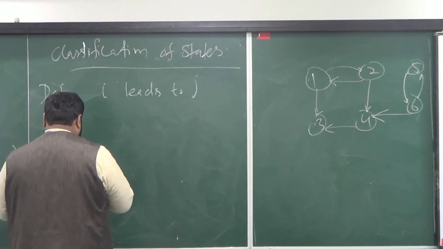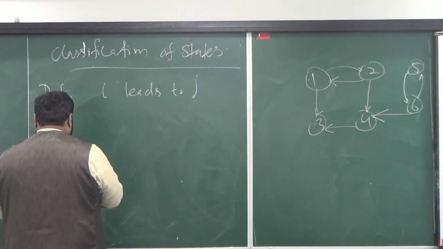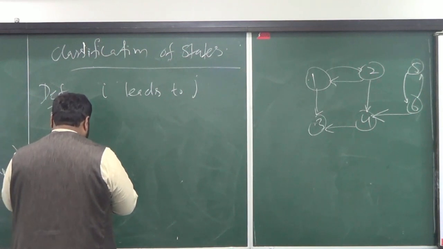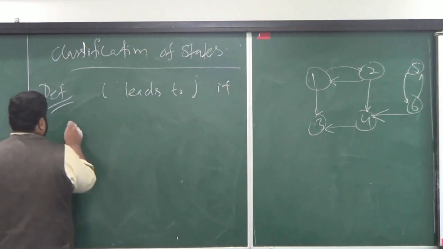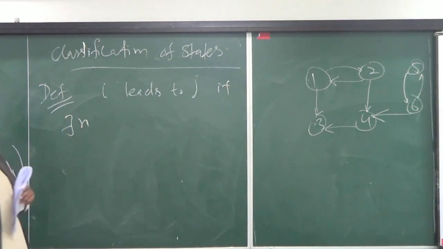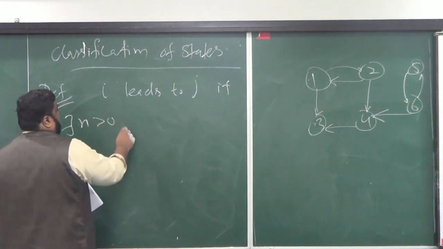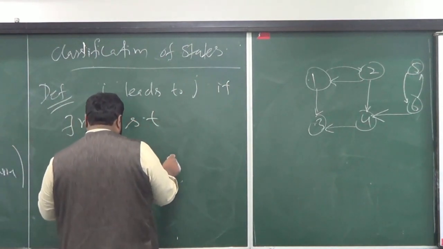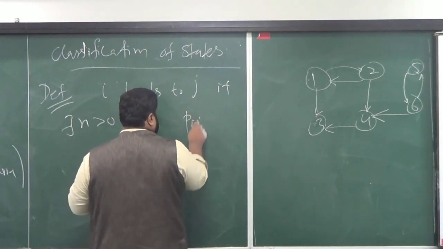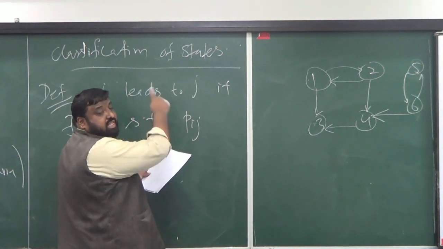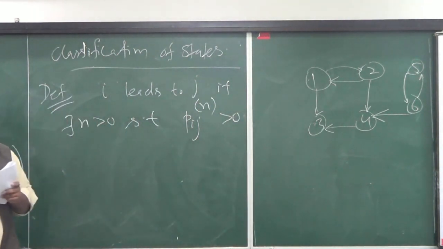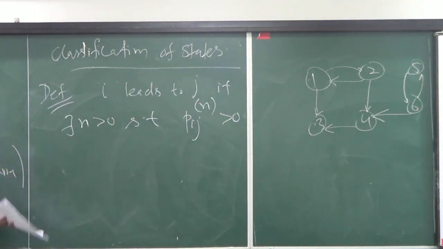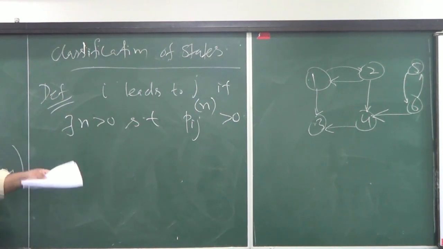It means that if I can find a number of steps n, positive, such that you have a positive probability of going from the state I to J in n steps. So I leads to J means that you have chances that in some number of steps you can eventually get from I to J.